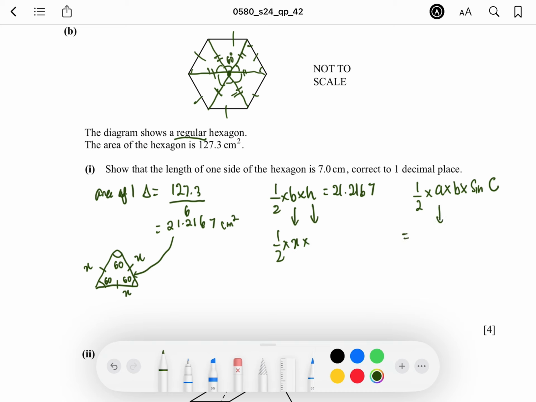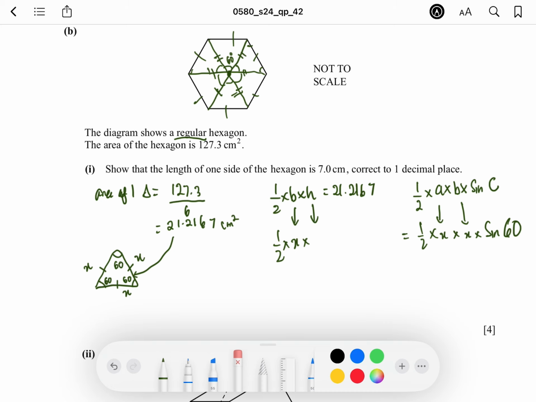So that's half times X times another side X times sine of which angle? 60. Yes.